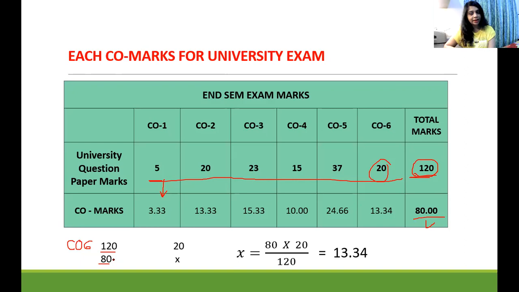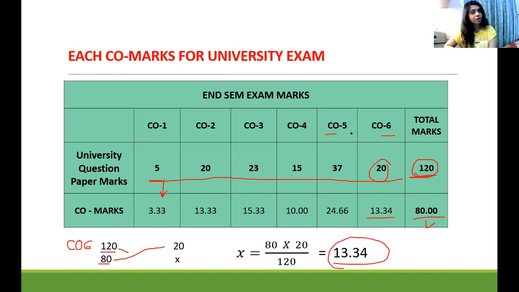That is 80 into 20 divided by 120. Simple unitary method. So you have got 13.34. So the weightage of CO6 out of 120 was 20, but out of 80 it becomes 13.34.